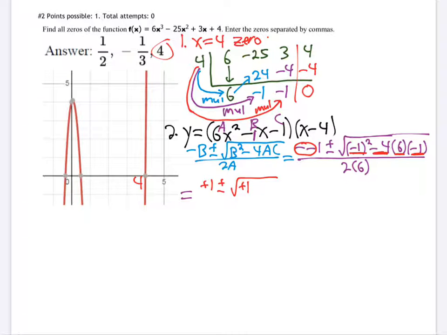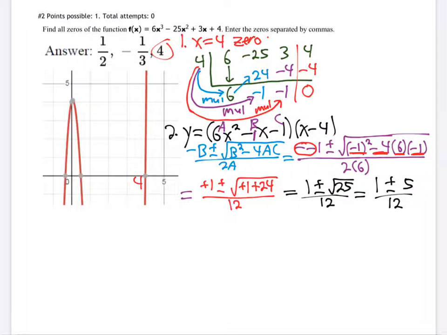See those 3 that are multiplying there? You have 2 minuses. What's that going to be? Positive 24. 4 times 6 is 24, times 1 is still 24. And so that equals 1 plus or minus the square root of 25, over 12, which is 1 plus or minus 5. The square root of 25 is just 5.